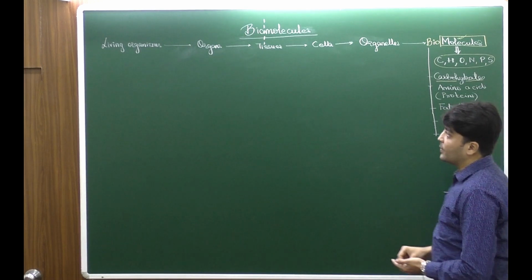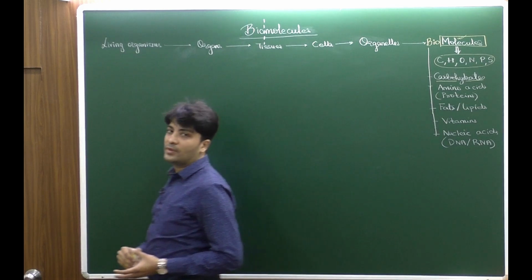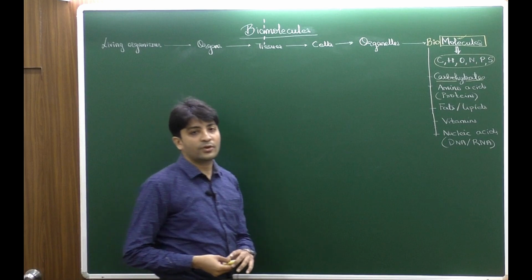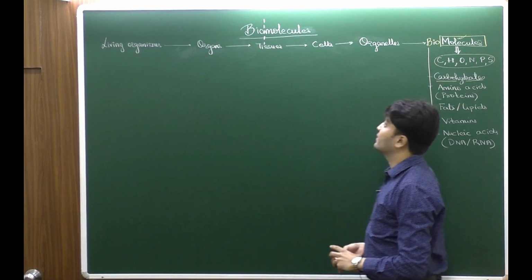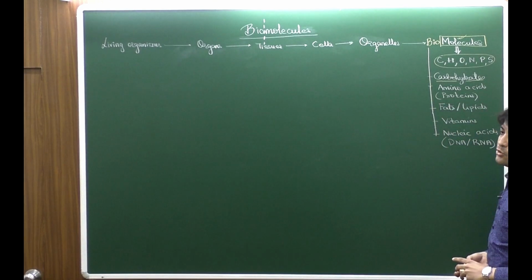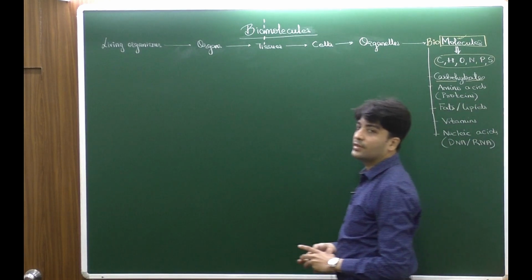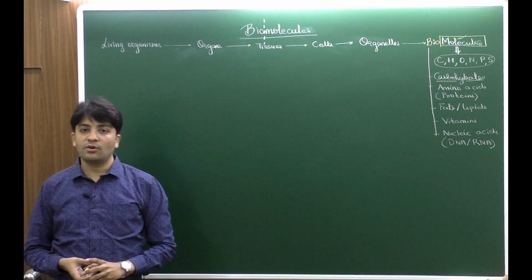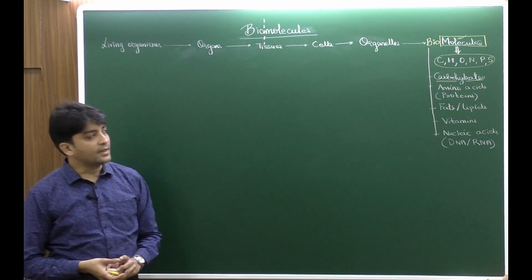Clear? So once again, living organisms, meaning plants and animals, consist of various organs. The organs have tissues, tissues have cells, and inside the cells the nucleic part or the chloroplast can be referred to as organelles. These organelles contain molecules, which in turn are composed of important organic atoms like carbon, hydrogen, oxygen, nitrogen, phosphorus, sulfur.